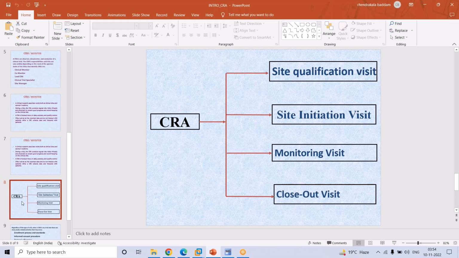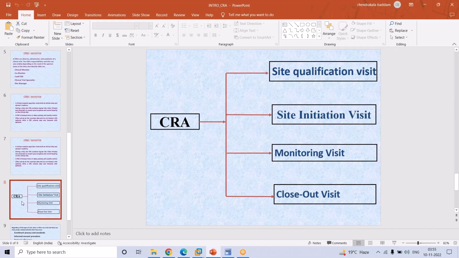And throughout the process, throughout the clinical trial, CRA will be conducting different visits. So site qualification visit. The site qualification visit means they will check whether the site is good to conduct the studies. Mainly they select the site. Okay.